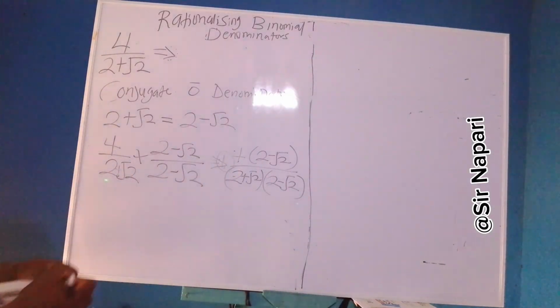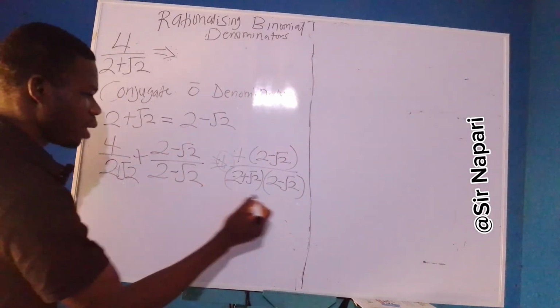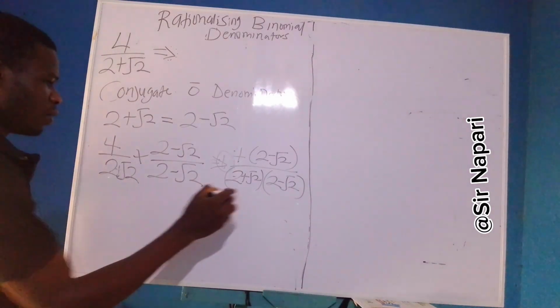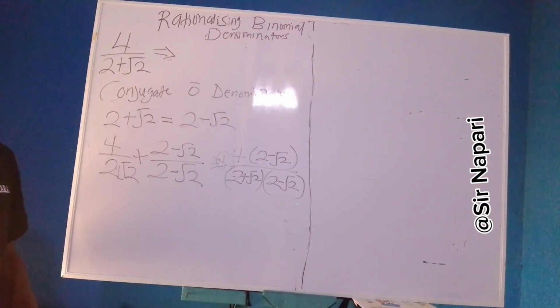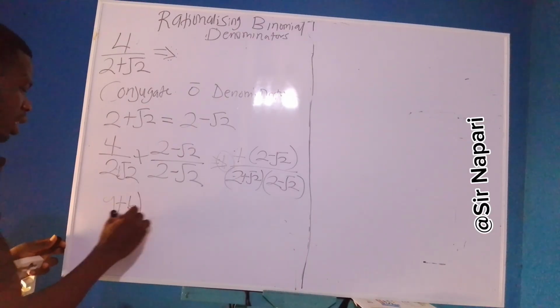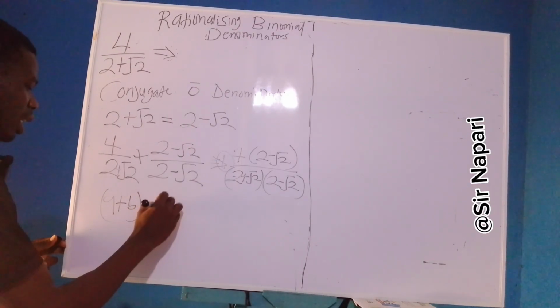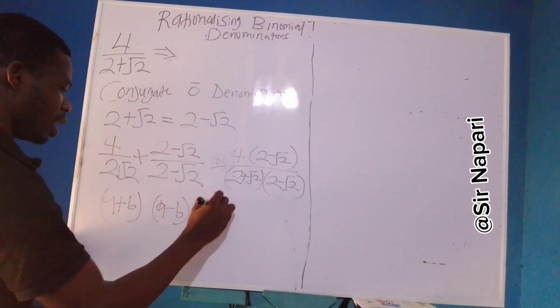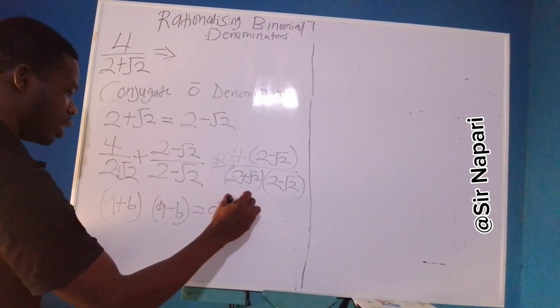Now let's look at the expression in the denominator. Does it look familiar? Yes. Difference of two squares. Difference of two squares says that if you have a plus b multiplied by a minus b, it will be equal to a squared minus b squared.